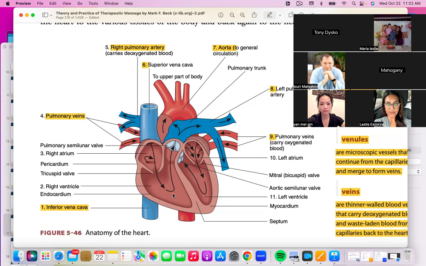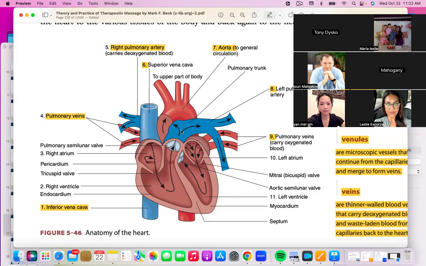Step number 3, it says from the right ventricle, it's going to be pumped through the pulmonary semilunar valve to the pulmonary artery.